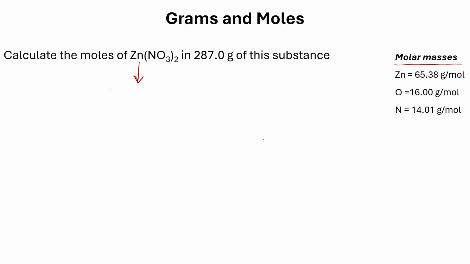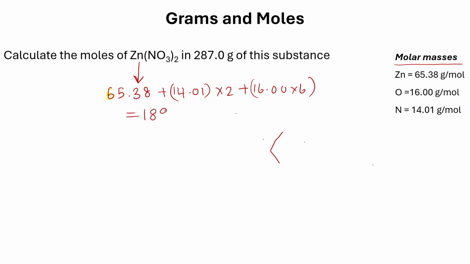Zinc has a mass of 65.38, and there are 2 nitrogens, so 14.01 times 2, and there are 6 oxygens, 16 times 6. Total mass here is 189.4 grams per mole.